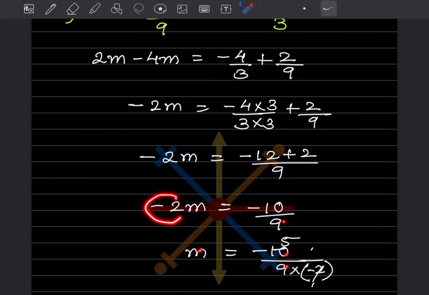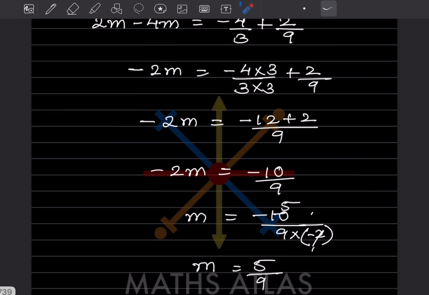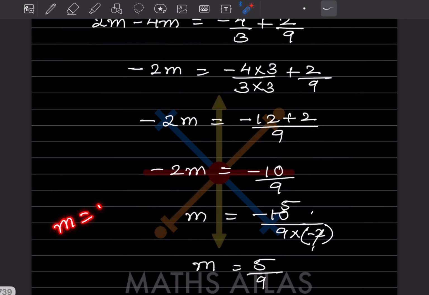And now see here, this is actually multiplication, so here it gets divided. You can put the multiplication here, but this is a division sign. If you're confused with this step, you can put it like this: m is equal to minus 10 by 9, this is multiplication, so that will be divided by minus 2.